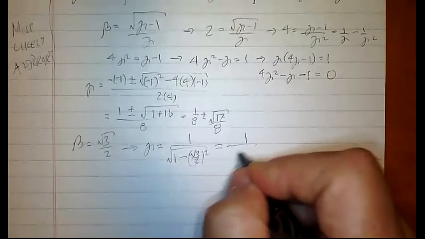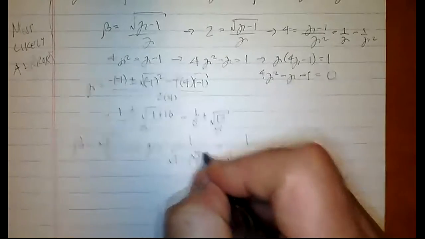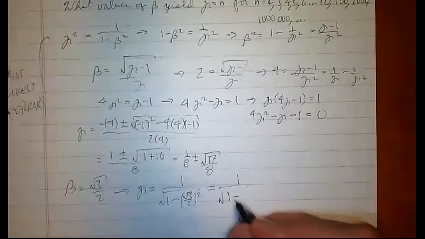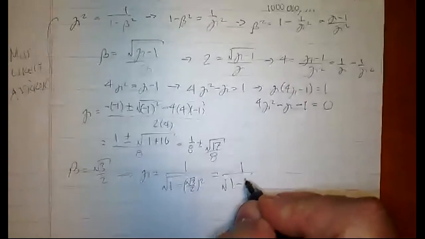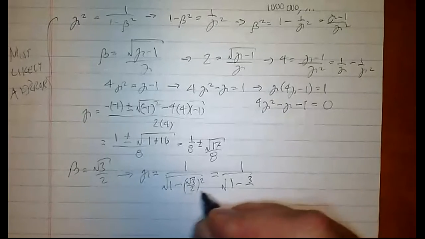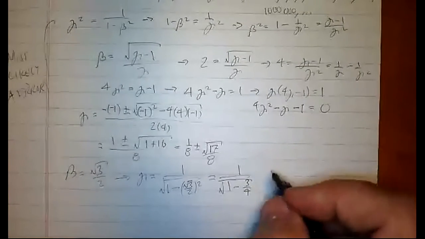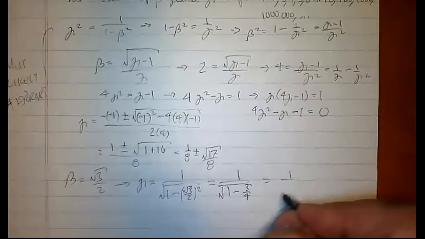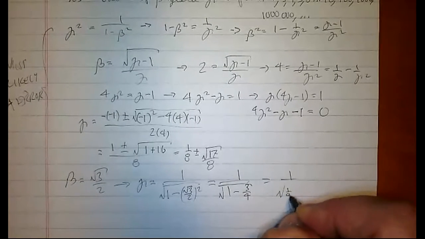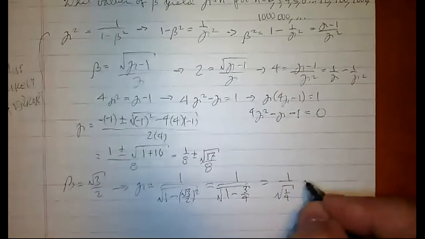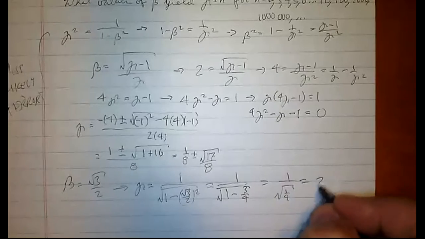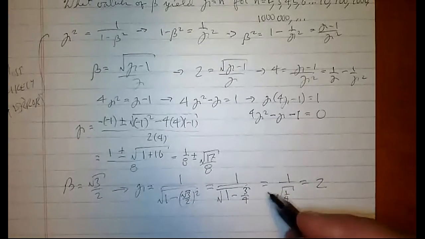So it'll be 1 over the square root of 1 minus, when I square root 3, I get 3. When I square 2, I get 4. So 1 minus 3/4 is 1/4. So that's 1 over the square root of 1/4, which is of course 1/2, and 1/2 in the bottom becomes 2 in the top. So that's what I should have got, was root 3 over 2.